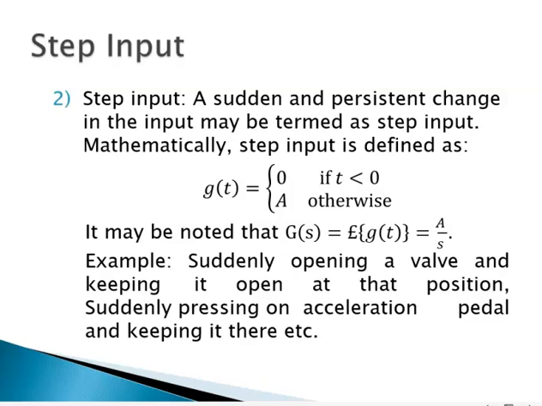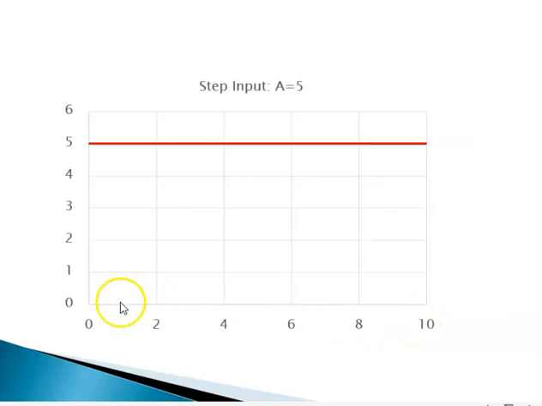So when you keep it at that position, outflow or inflow remains constant. Similarly, suddenly pressing on the acceleration pedal and keeping it there will also be a step input. A step input is represented in a picture as shown here. Along the x-axis you have time, along the y-axis you have magnitude of the input signal, and this red line indicates step input. Here the magnitude of the step input A is 5. When A is equal to 1, we call it unit step input.